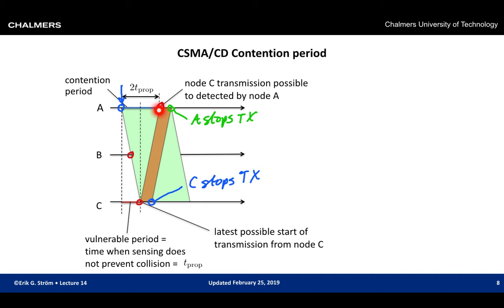If A, after 2 T-prop, has not detected a collision, it knows that there will be no collision, because then sensing will prevent all other nodes from transmitting. For a period of T-prop, the furthest away node can start to initiate its transmission, and since it takes T-prop to get back, during 2 T-prop seconds A is unsure about whether there will be a collision or not. But after 2 T-prop, it knows either there's been a collision and it's able to detect it, or there will be no collision.